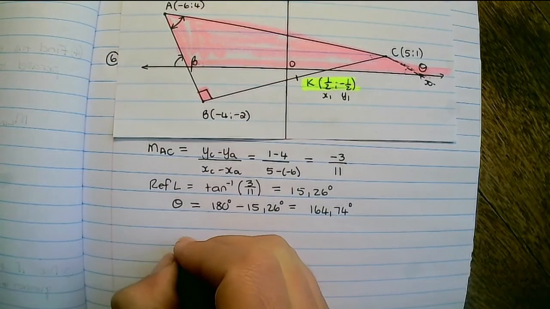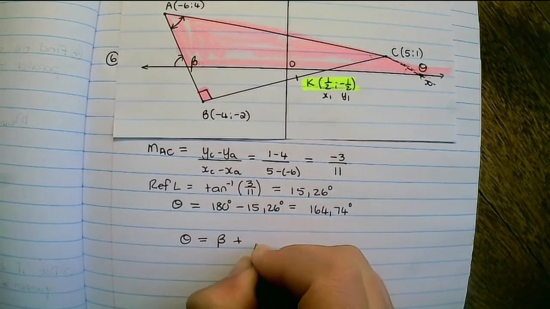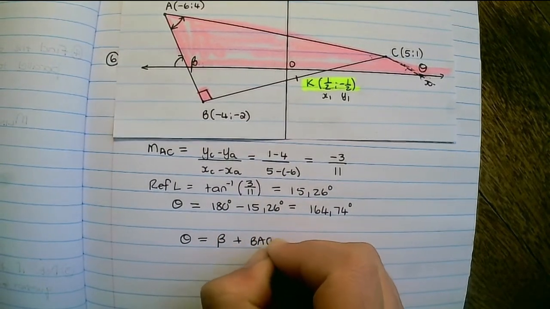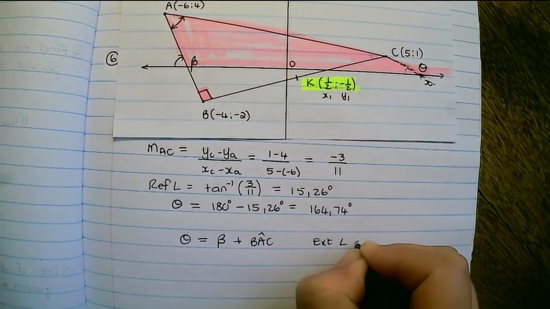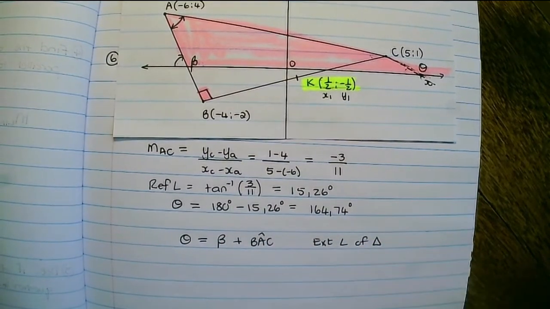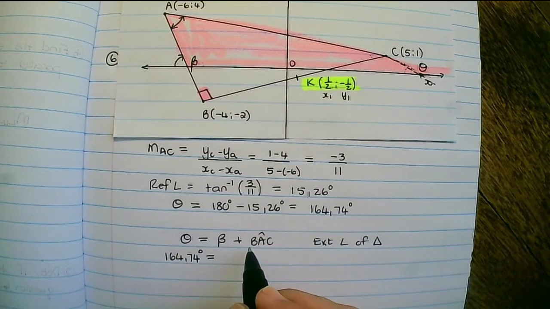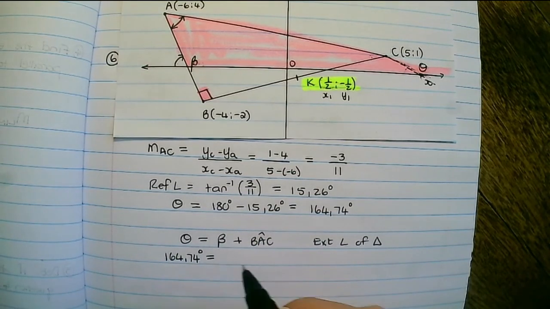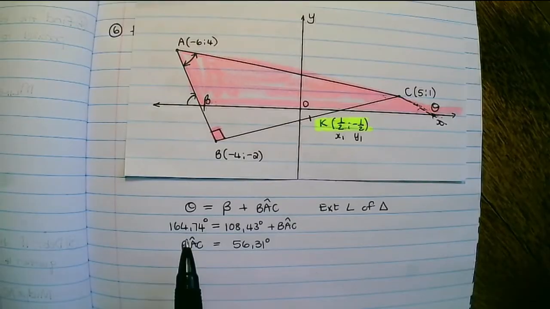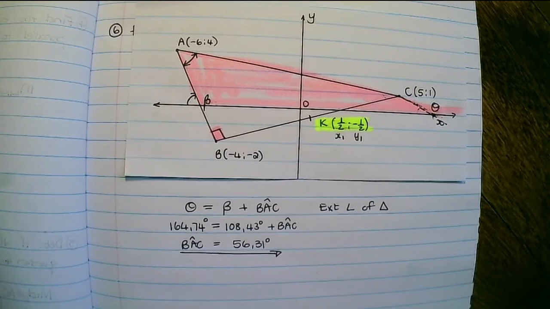And then I can say theta is equal to beta plus angle BAC, exterior angle of a triangle. Then I simply substitute the values of theta and beta into this equation in order to solve angle BAC. Therefore, angle BAC is 56.31 degrees.